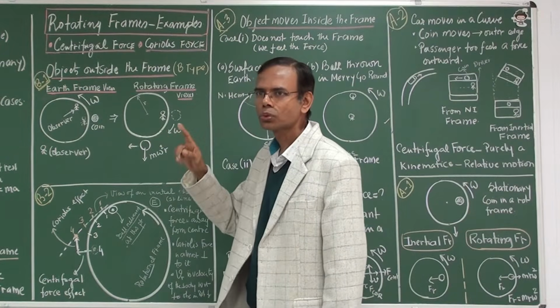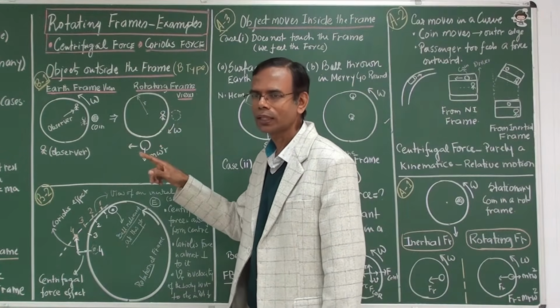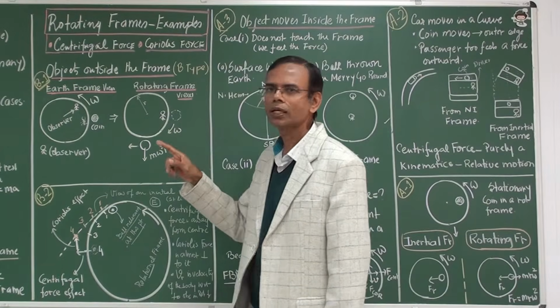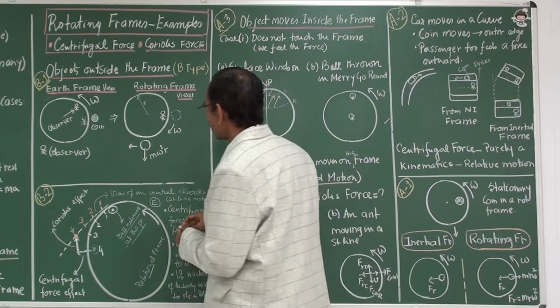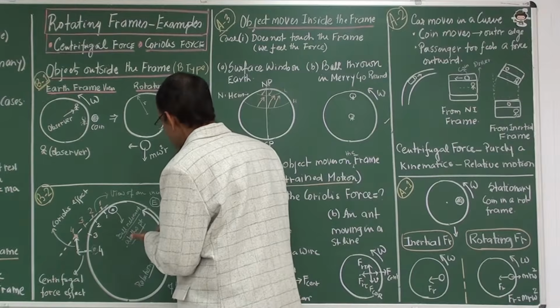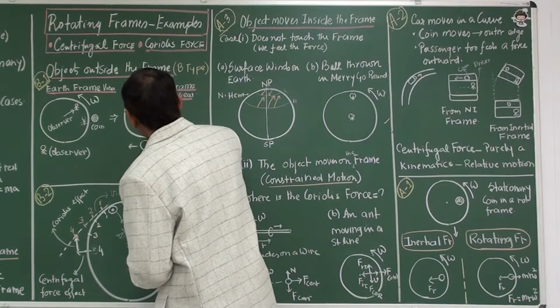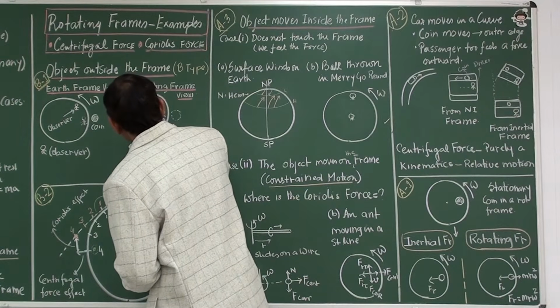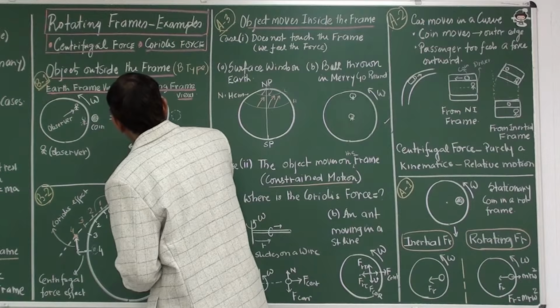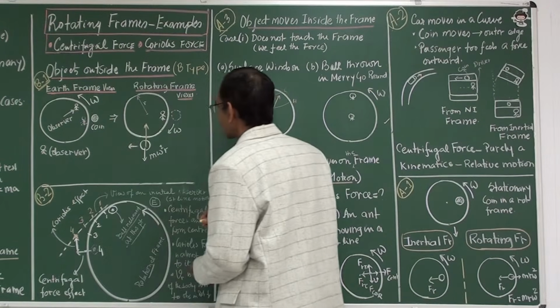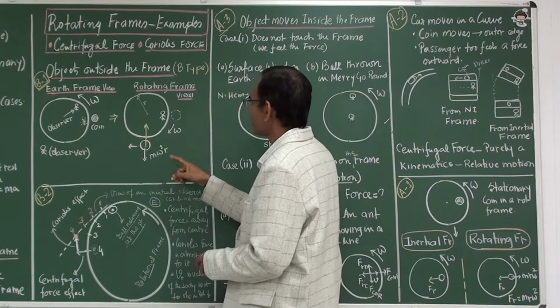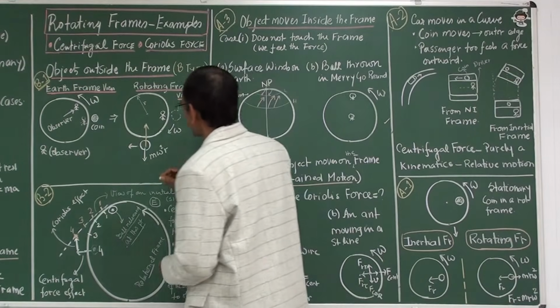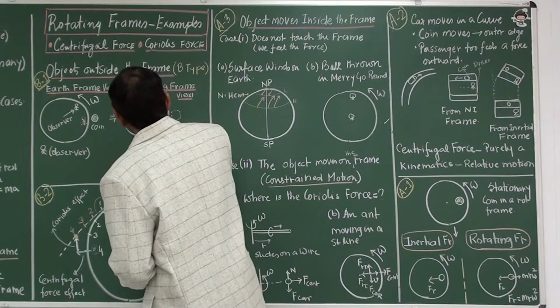So minus 2m omega v, and v is equal to r omega. So I am drawing in the yellow color, double this magnitude, somewhere here. In this direction that force is, and the magnitude of the force will be 2m omega square r.